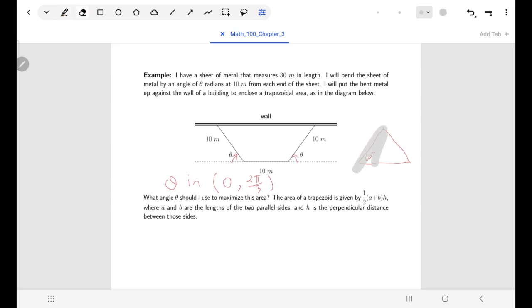Not including 0 because then you wouldn't have a trapezoid, and not including 2 pi over 3, again, because you wouldn't have a trapezoid. I give the formula for the area of a trapezoid there because it's not one of our standard shapes. 1/2 (a plus b) times h. a is the length of one of the parallel sides and b is the length of the other. And then h is the perpendicular distance between the two parallel sides.